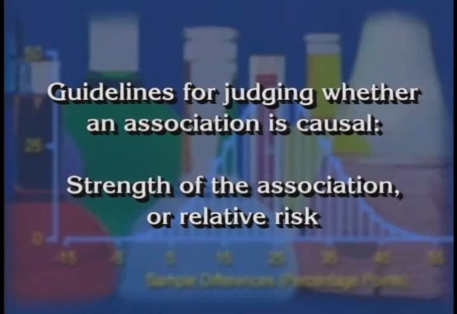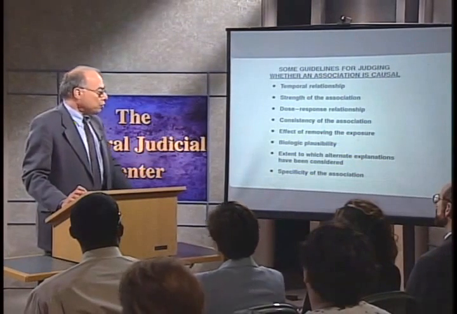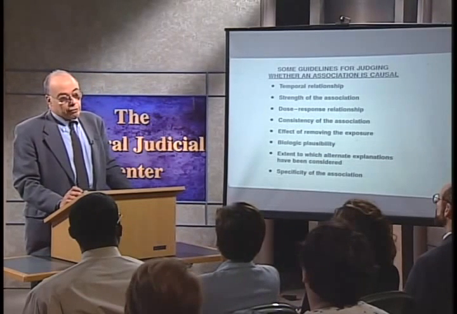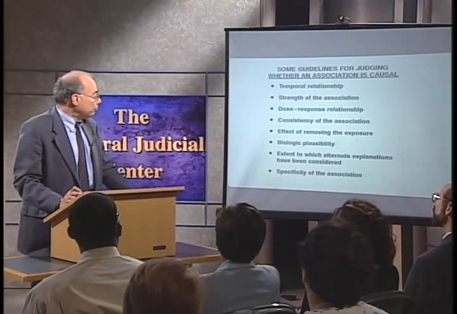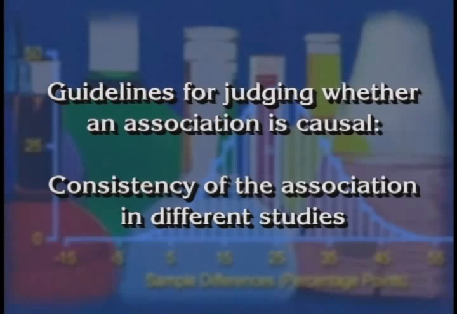Next is the strength of the association, also called the relative risk, which I just discussed. Third is the dose-response relationship. The dose-response relationship says that if an exposure is related to the development of disease, the greater your exposure, the greater your risk of disease should be. The association should also be consistent in different studies.